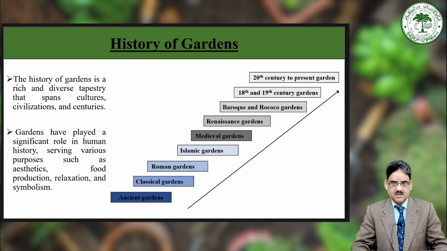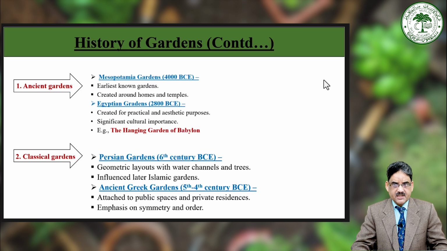In the given image, you can see how present or modern-day gardens have evolved from ancient gardens: the ancient garden, classical garden, Roman garden, Islamic garden, medieval garden, then the 18th and 19th century gardens and the 20th century present gardens. The history of gardens is a fascinating journey that spans various cultures and epochs.